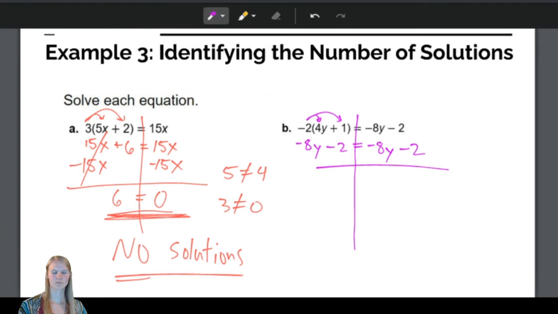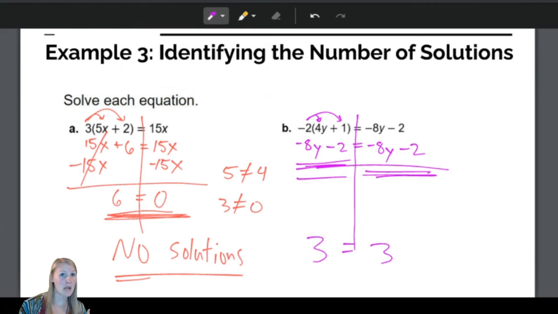Because look at this. This is the exact same thing. We are saying negative 8y minus 2 equals negative 8y minus 2. That's like saying 3 equals 3. That's always true. 3 is always equal to 3. Negative 8y minus 2 is always equal to negative 8y minus 2. So this is going to have infinitely many solutions because it's always true.